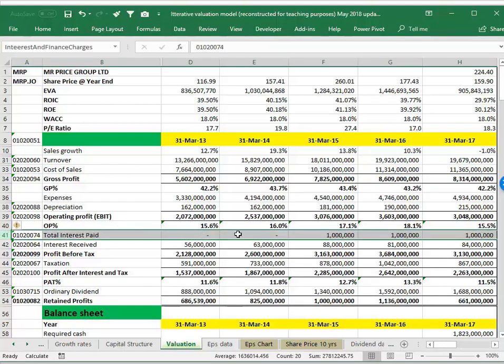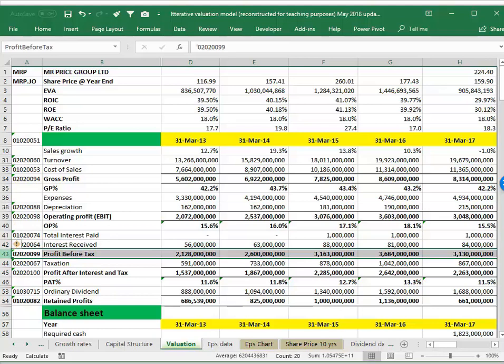Generally, from an interest paid perspective, Mr Price doesn't pay much interest at all, which implies that they have no debt. And that's been a trend for Mr Price historically, and typical of the retail sector being mostly a low margin sector, and not being a sector that embraces substantial use of debt. There's some interest received, and that then leaves us with a profit before tax.